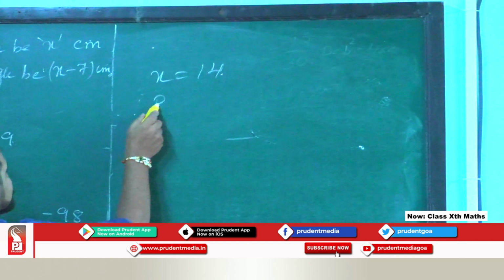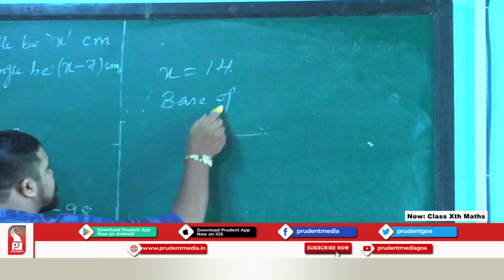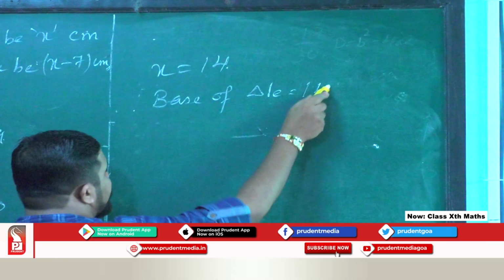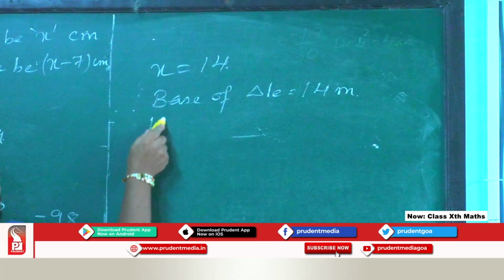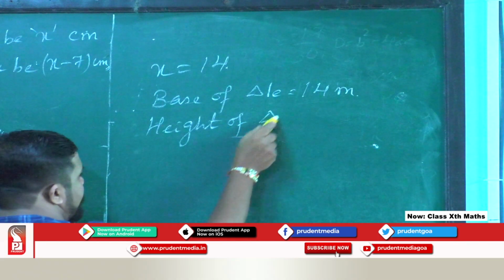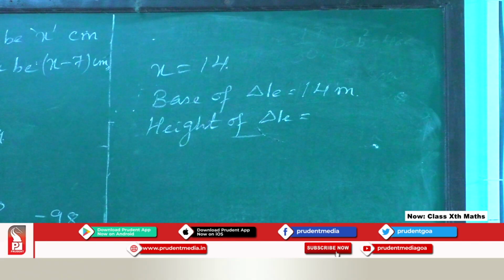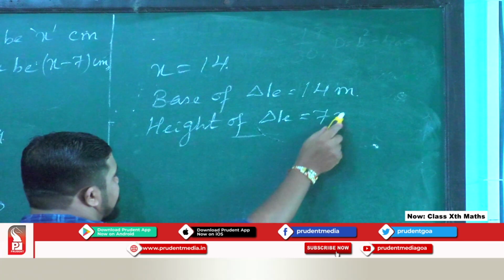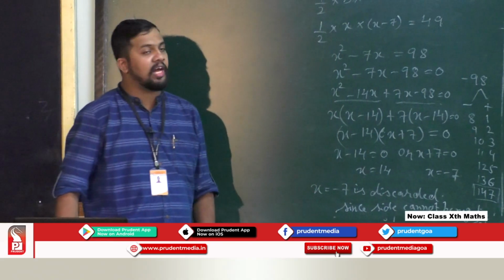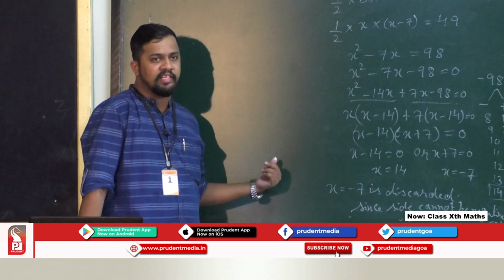Therefore the base of the triangle will be 14 centimeters and the height is 14 minus 7, which is 7 centimeters. Simple problem. Triangle problems are simple compared to the earlier ones.